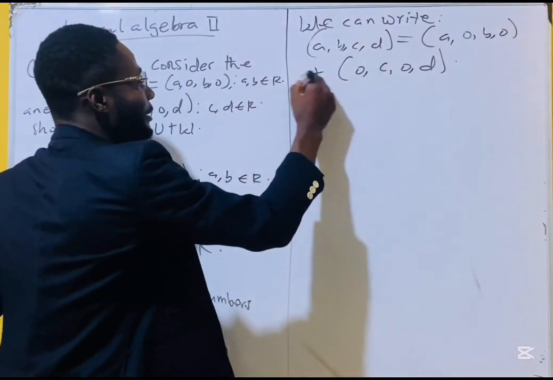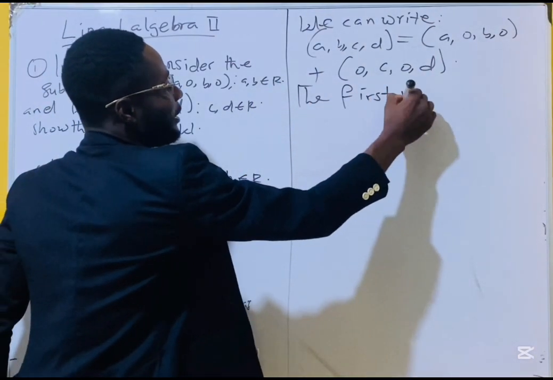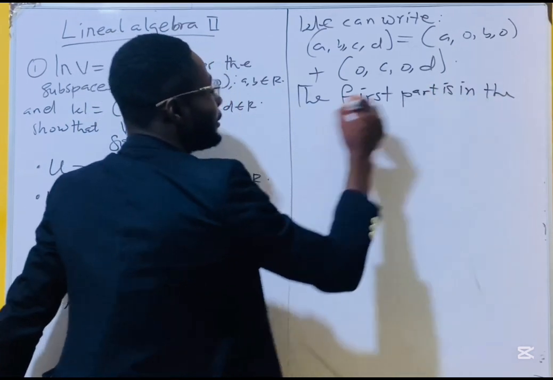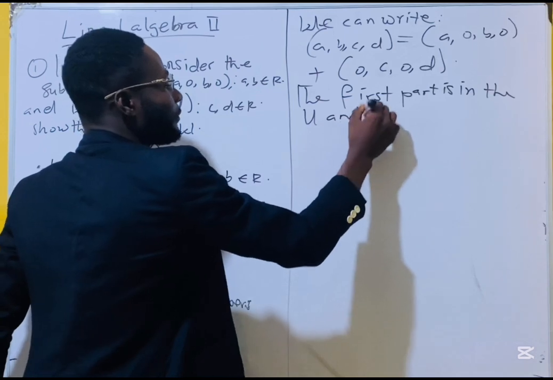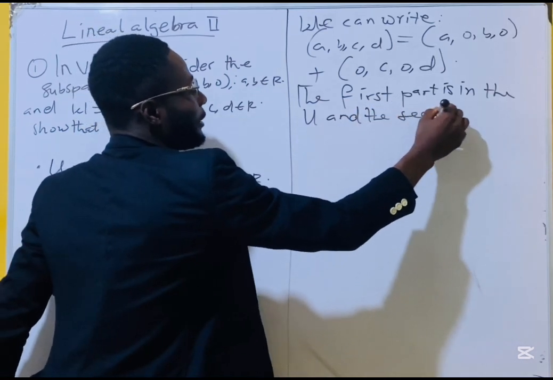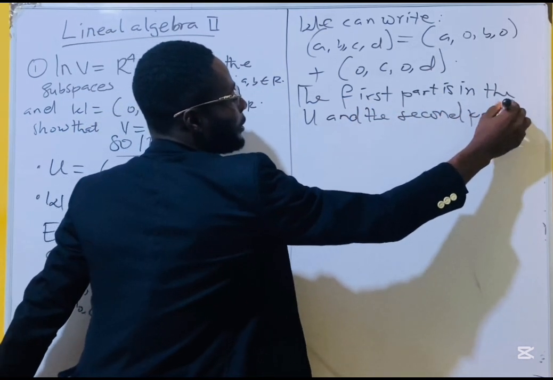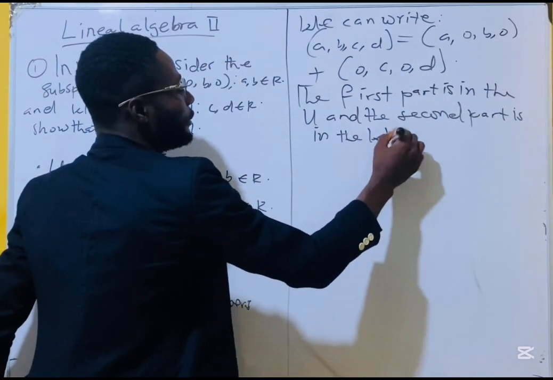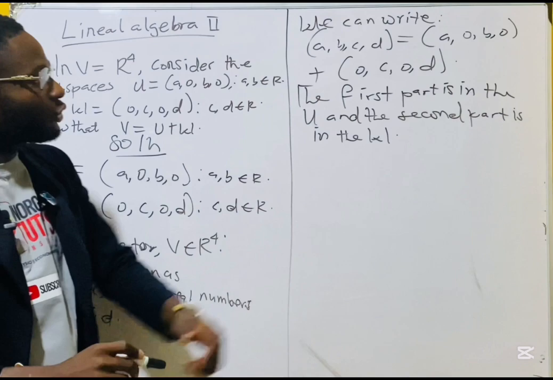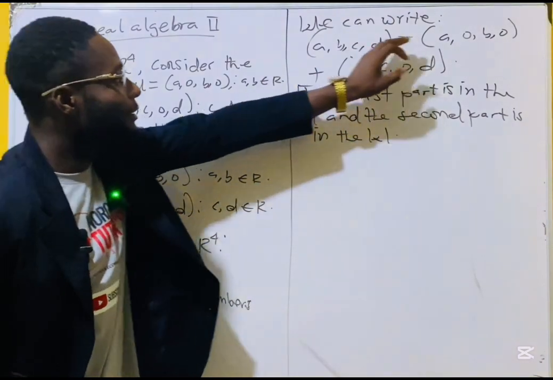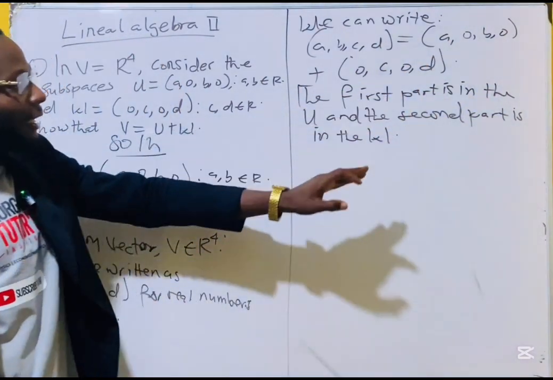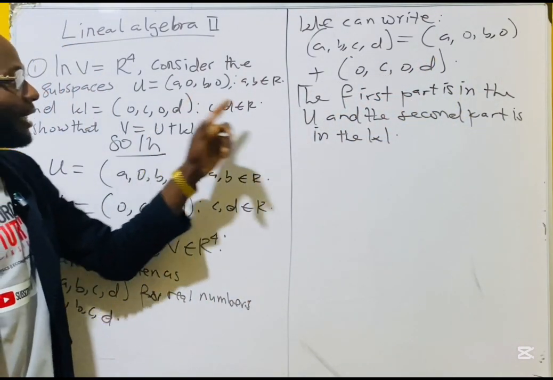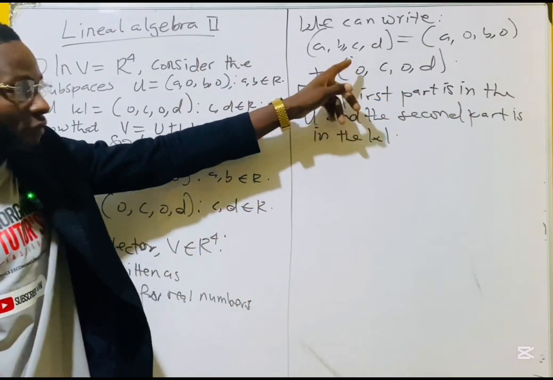So the first part is in U and the second part is in W. Once we know that this is equal to this plus this, then we know that the first part is in U, which we have here, and the second part is in W, which we have here.